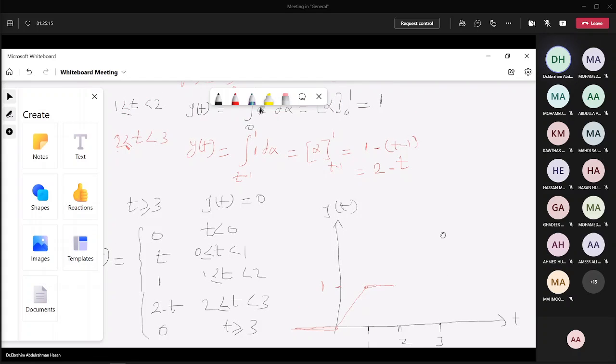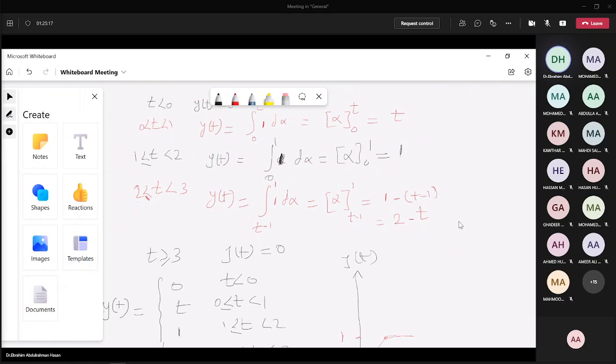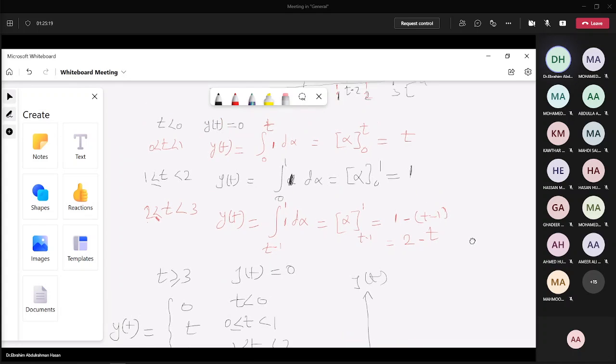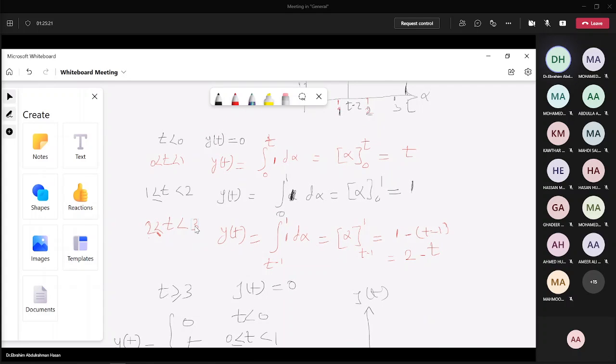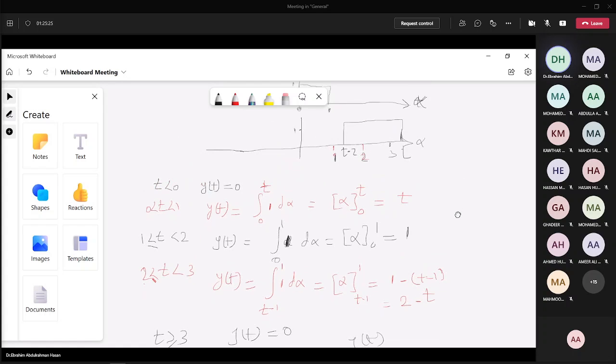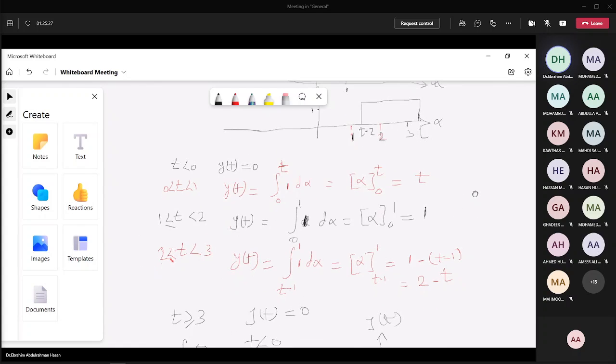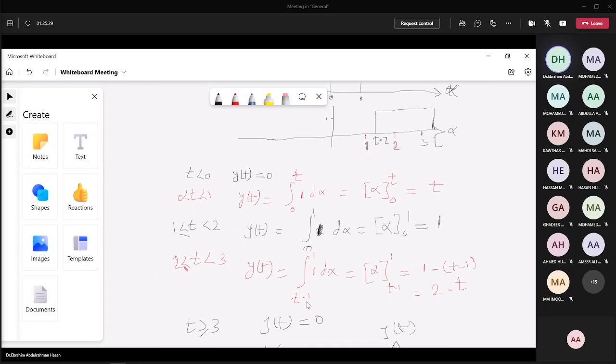No, you made a mistake between 2 and 3. Okay, this is not t minus 1, this is t minus 2. So it is t minus 2, so then it is 3 minus t.